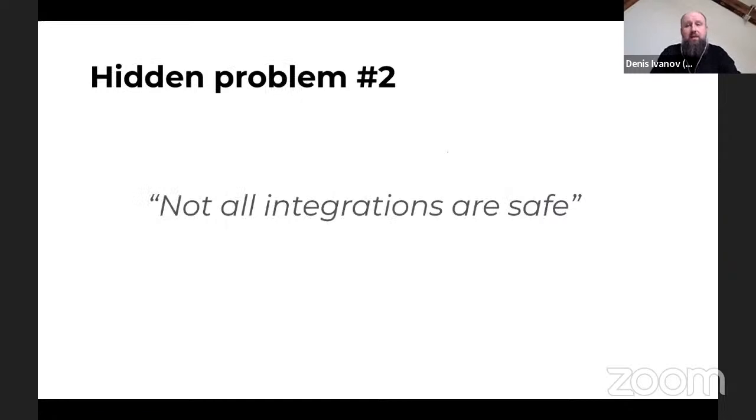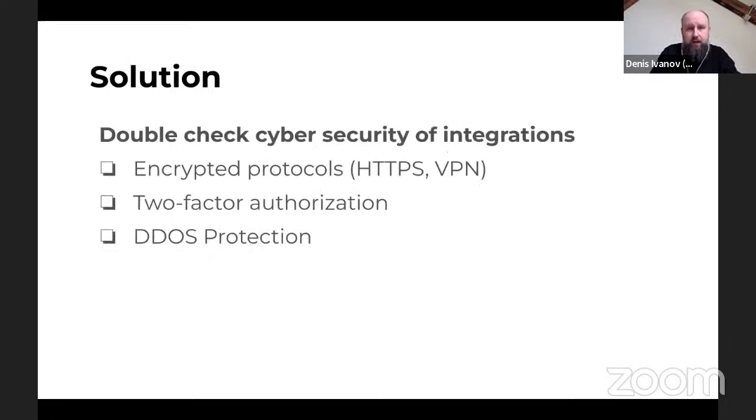So the second thing that you should keep in mind when doing any kind of data integration inside your building is that not all integrations are safe. The personal data, the GDPR regulations, they're quite strict. The penalties are quite high, for example, in Germany or in the European Union. So you should double check the cybersecurity protocols.